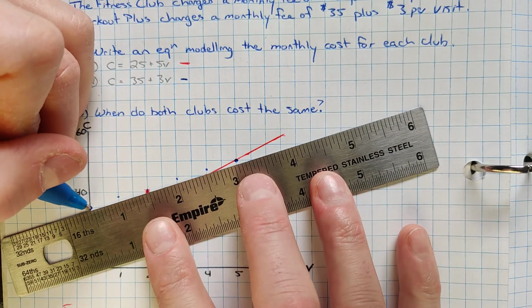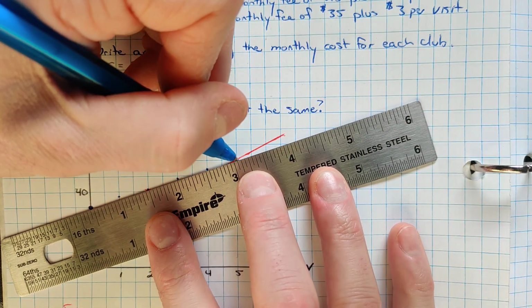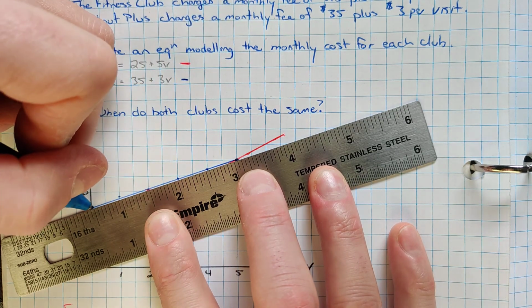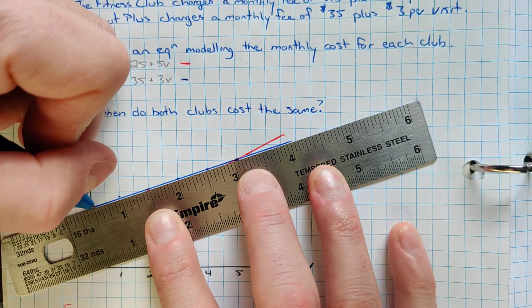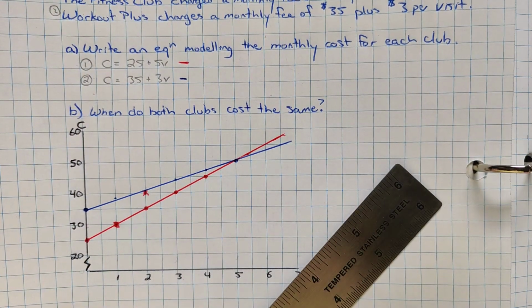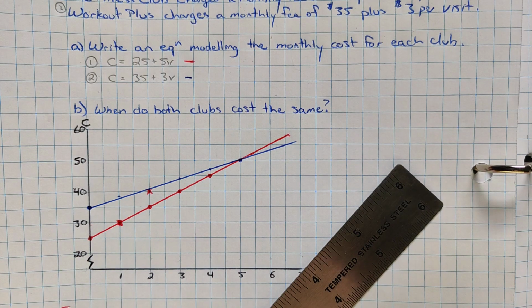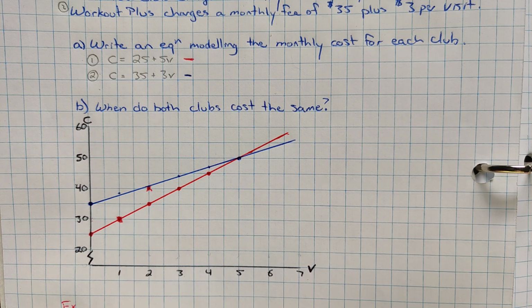So I'm going to use those 2 points to make my line, just because I know that I'm on the right spot exactly. You can see some of my points were pretty good. That first one might be a little high. So that can really skew your lines, which is one of the reasons why we're not always going to be fans of graphing unless we're using technology, because we're not going to get exact points.